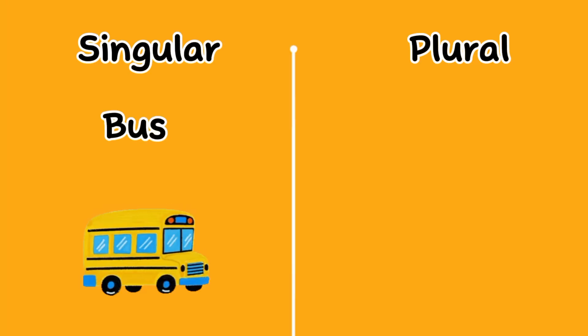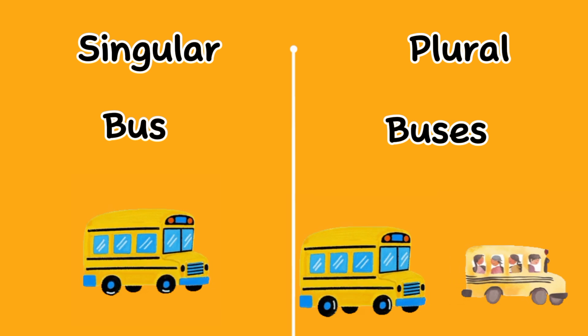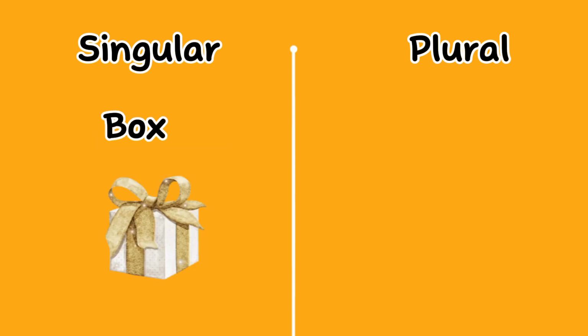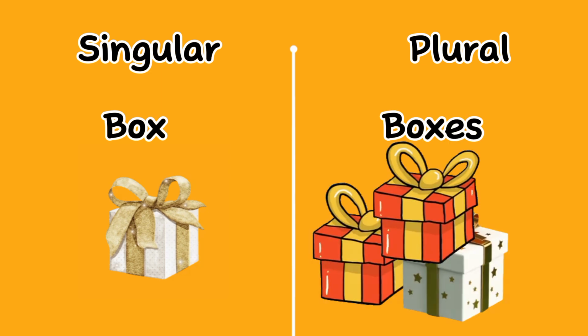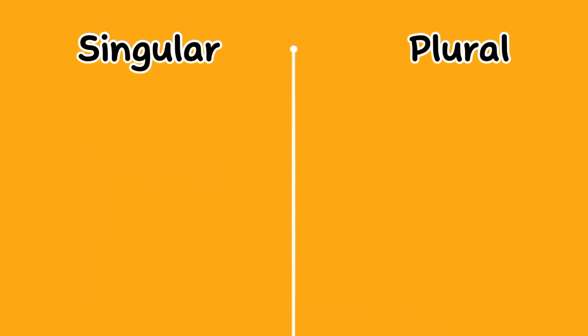Okay? For example, bus. So you add ES to get the plural, buses. Class. You add ES at the end to have the plural, classes. So you say 1 class, 2 classes. Box has X at the end, so you add ES to have boxes. 1 box, 10 boxes.